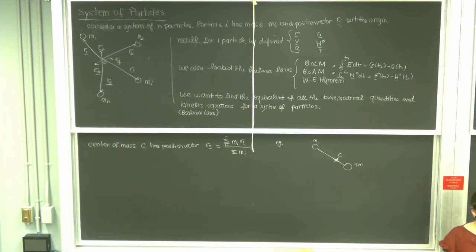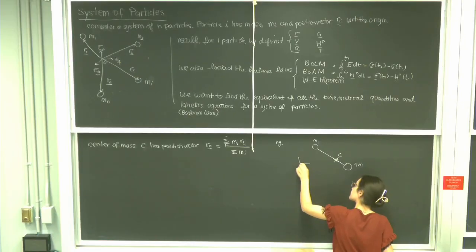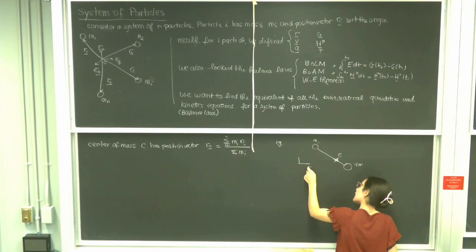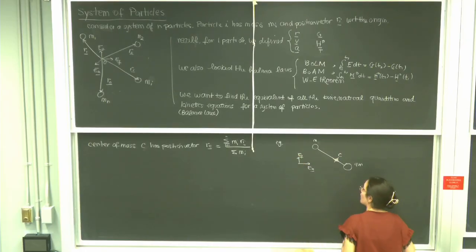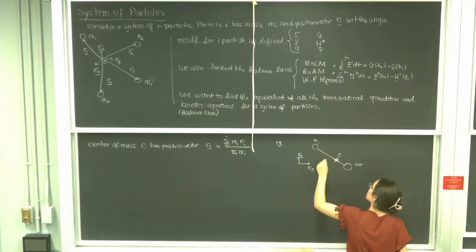Let us try to find the equation of C exactly. So I'm going to consider a basis Ex, Ey, and I'm going to consider another basis on the dumbbell, call it Ex, Ey.